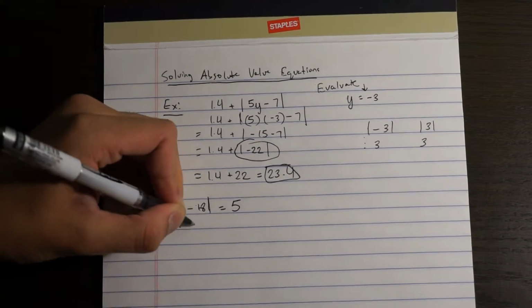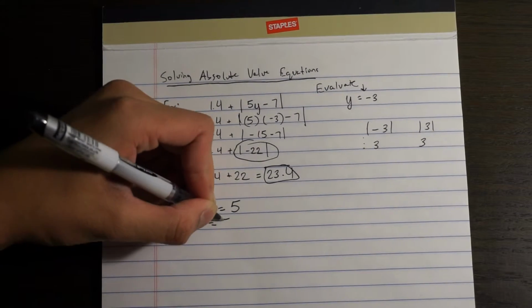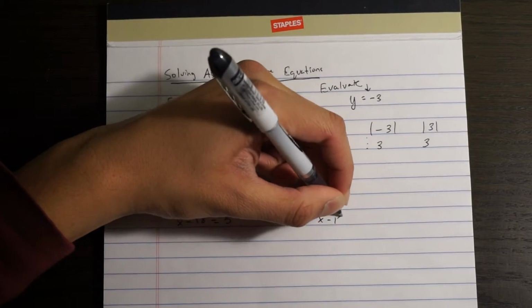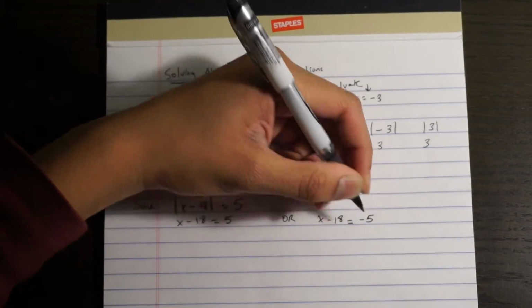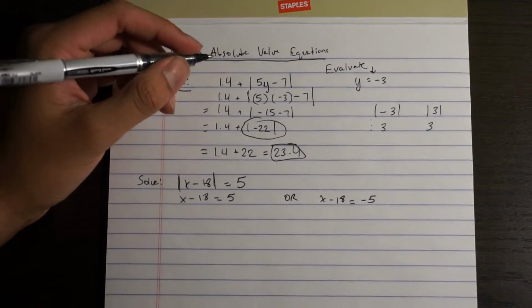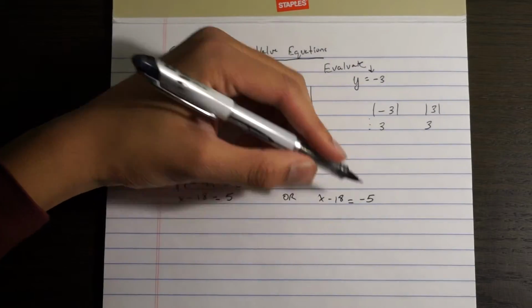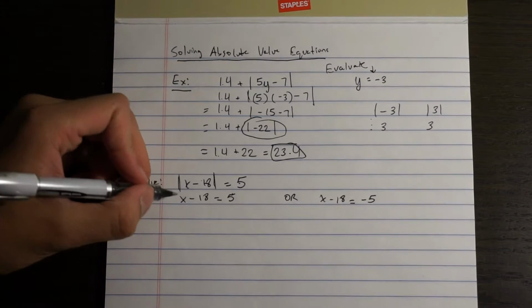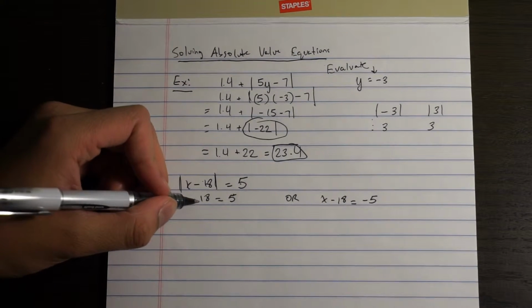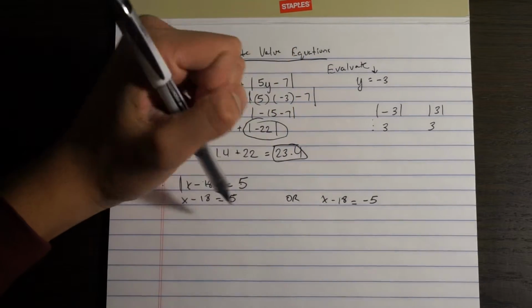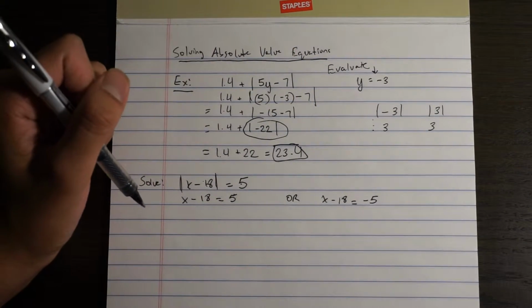x minus 18 could equal 5, or x minus 18 could equal -5, because the absolute value of x minus 18 will just give you 5 in either case.